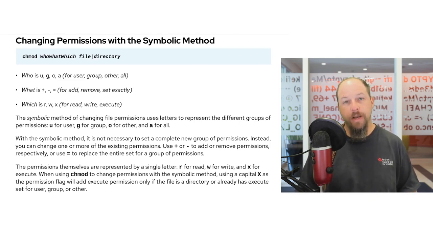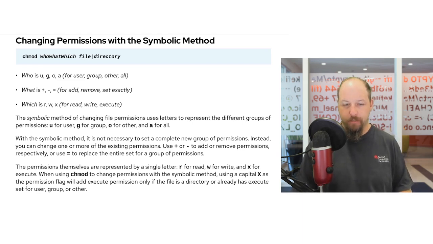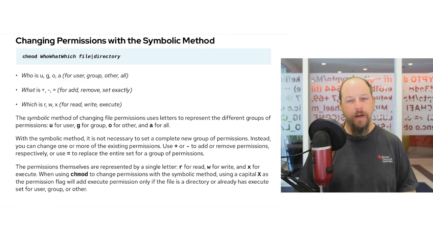We also have shorthand for A or all when we need to change all these bits at the same time. We then use the plus, minus, and equals to either add, remove, or exactly specify the permissions we wish to enable. And lastly, we use R, W, and X, the read, write, and execute permissions we recently reviewed.